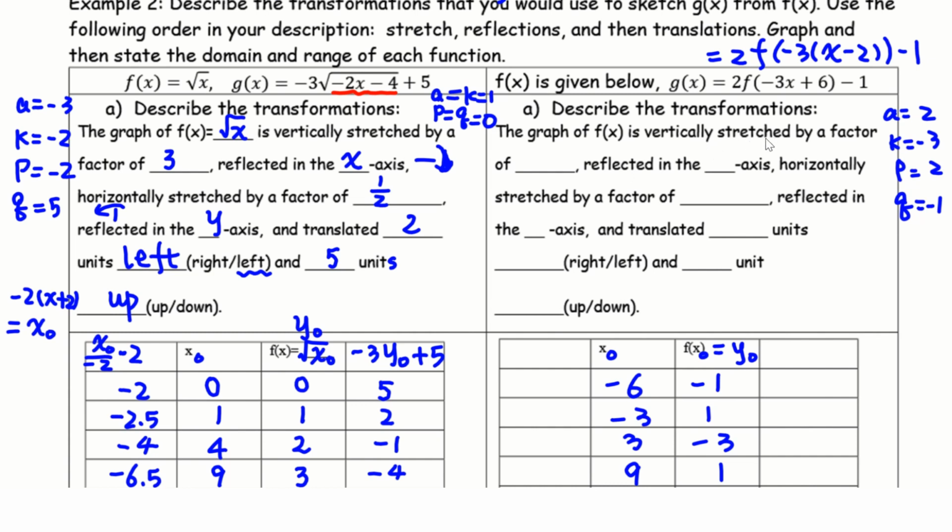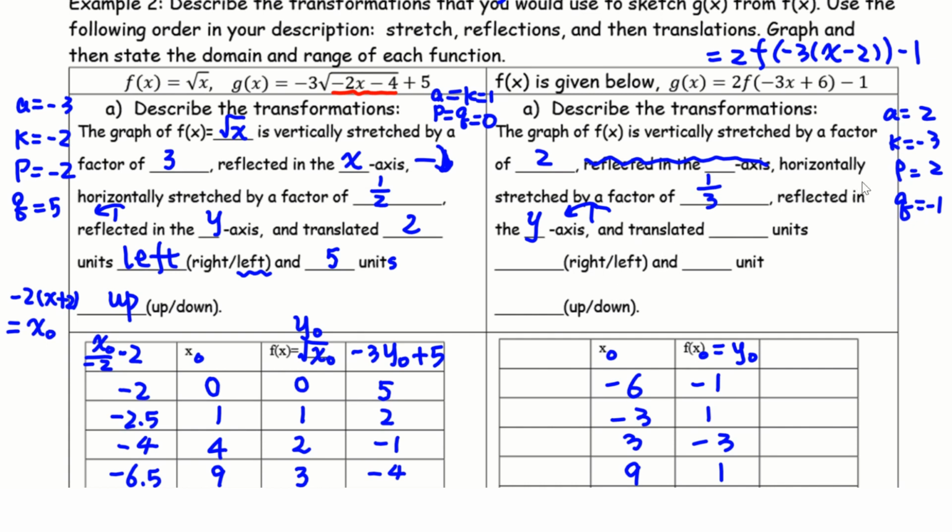So vertical stretch, your A value is 2, and not reflected because it's positive. Horizontal stretch by a factor of, we solve for x, we move negative 3 to the other side, it is division. So we use the positive number to describe the transformations. Negative means reflected in the horizontal direction, the y-axis, so from one side to the other side of the y-axis.